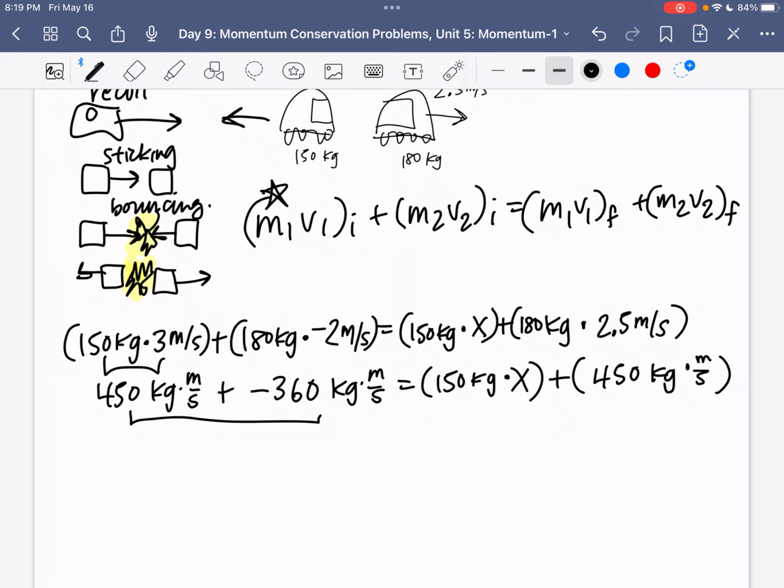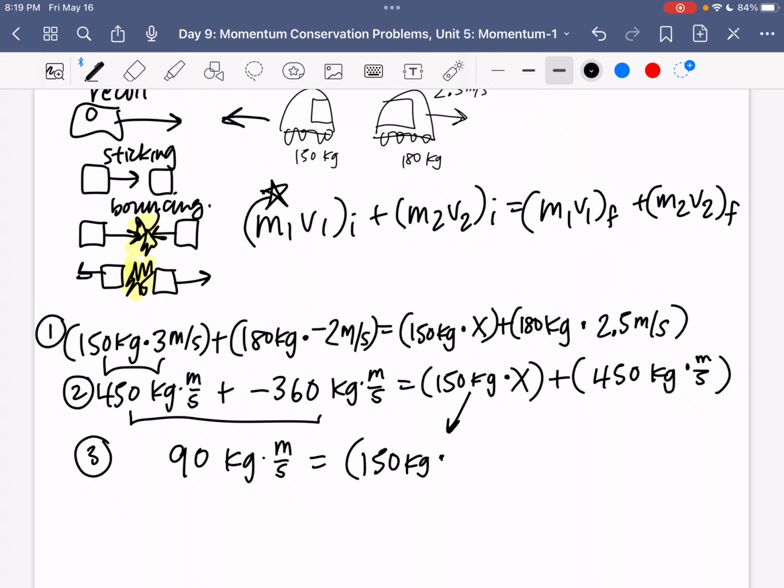So 450 minus 360. So this was step 1, step 2. Step 3, we need to do the math now. So 450 minus 360 is 90 kilograms times meters per second, which is equal to, let's bring this down, 150 kilograms times x plus 450 kilograms times meters per second.